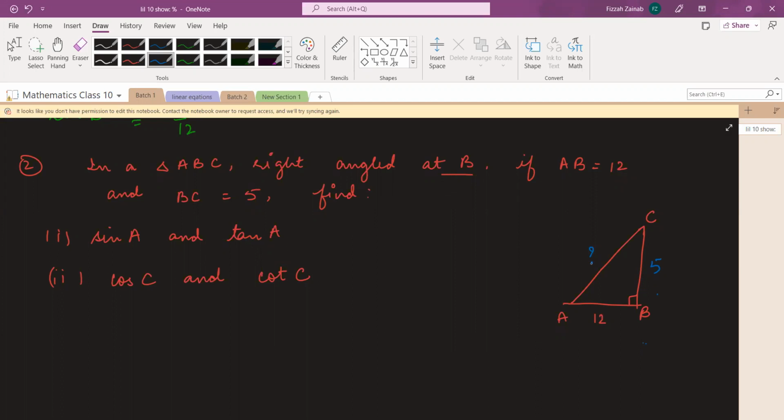Is it 13 centimeter? Yes, it is 13. Is everybody getting 13? Yes, ma'am.